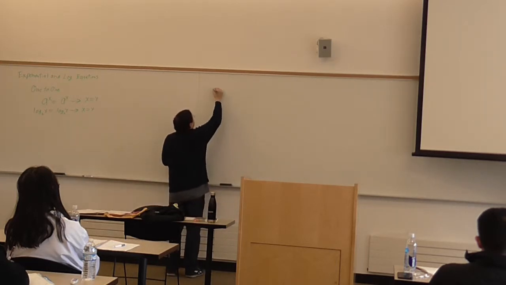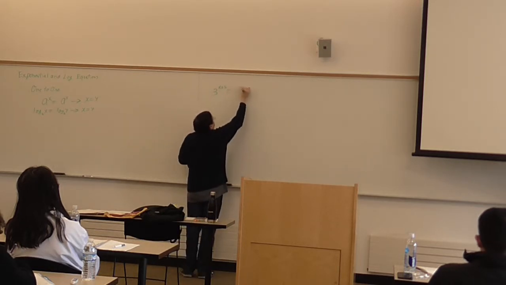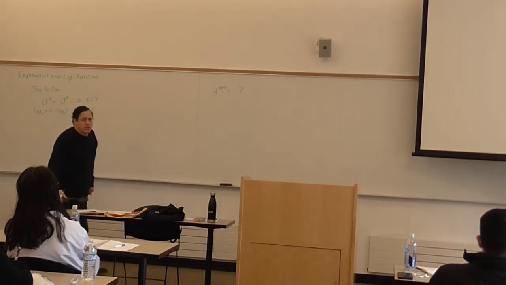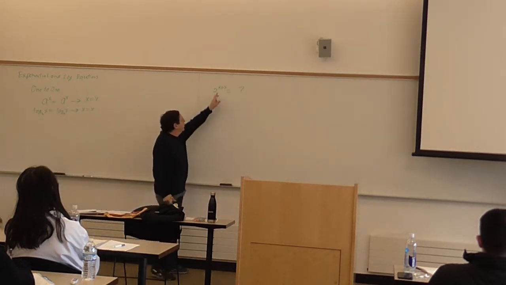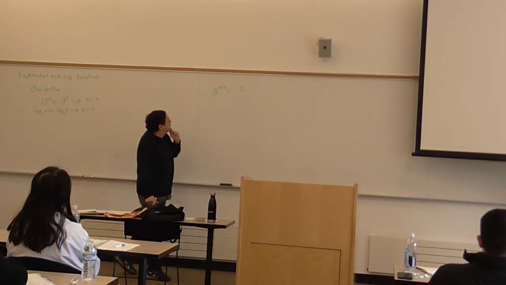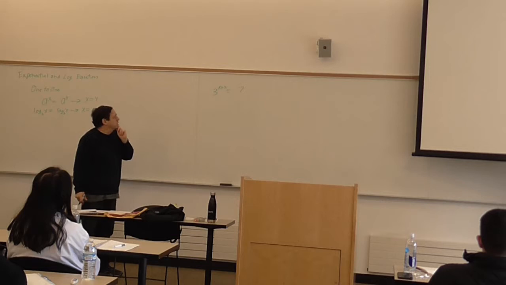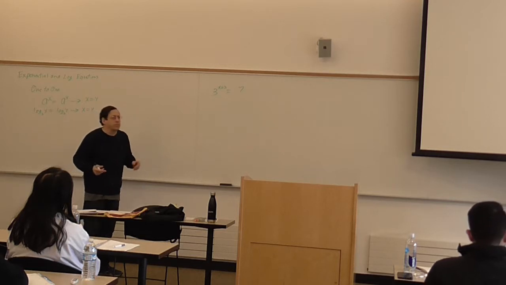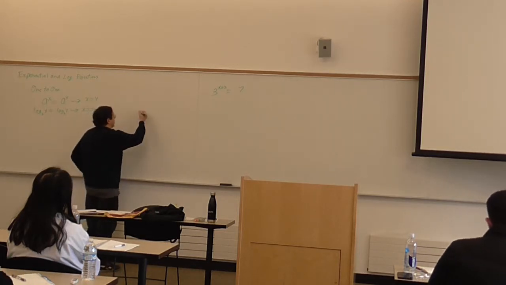How about this? 3 to the x plus 2 equals 7. Keeping in mind, you want to know what x do I plug in here to make this true? Well, okay, let's go back to how we solve algebraic problems like this.